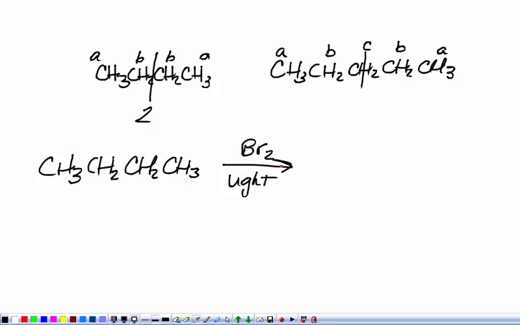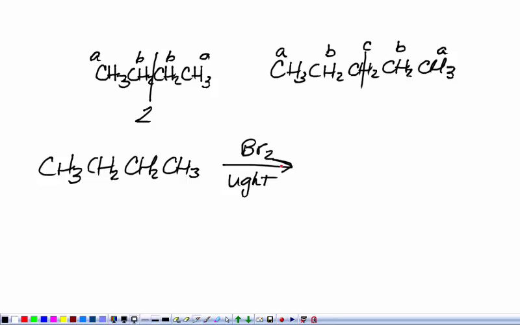So another method to determine whether two hydrogens are equivalent to each other is to say this. If I want to know if these three hydrogens are really equivalent to each other, why don't I replace them one at a time with a bromine? I'll replace one hydrogen with a bromine, name the compound. Then replace the other hydrogen with a bromine, name the compound.